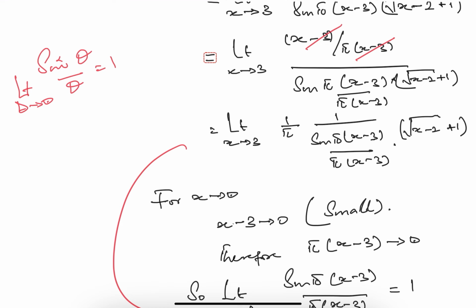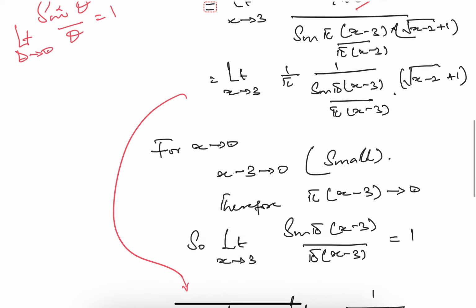In the numerator, x minus 3 cancels out, and all we have is 1 over pi. And the denominator is sine of pi times (x minus 3) over pi times (x minus 3), with the square root of (x minus 2) plus 1 still there. That sine of pi times (x minus 3) over pi times (x minus 3) is similar to sine theta over theta as theta tends to 0.